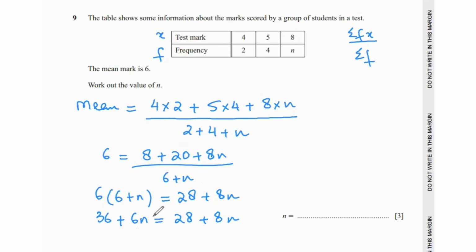Collect the like terms on each side. 36 minus 28 equals to 8n minus 6n. 36 minus 28 is going to be 8. 8n minus 6n is 2n. So then 8 divided by 2 and n equals to 4. That is how you find your value of n.